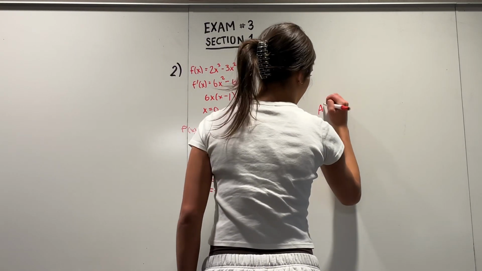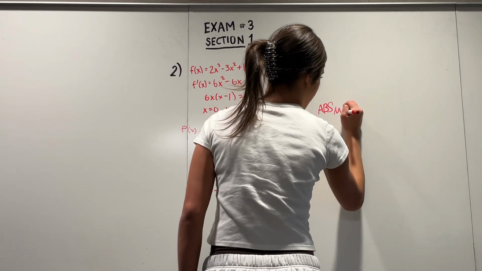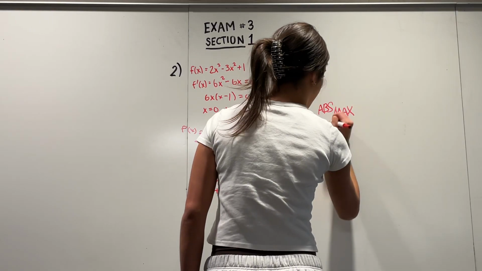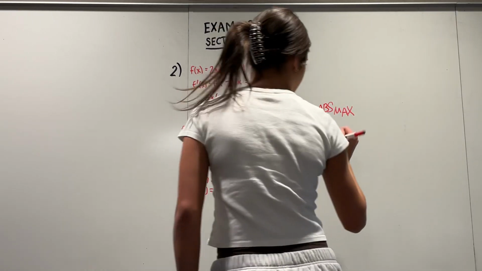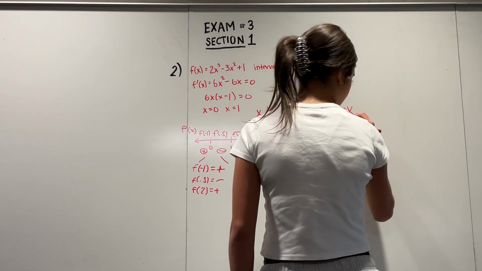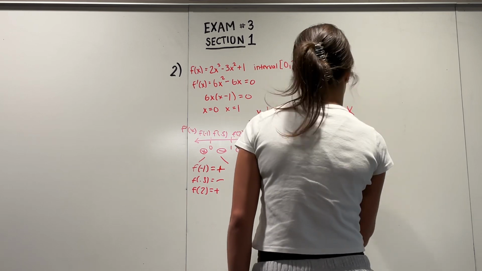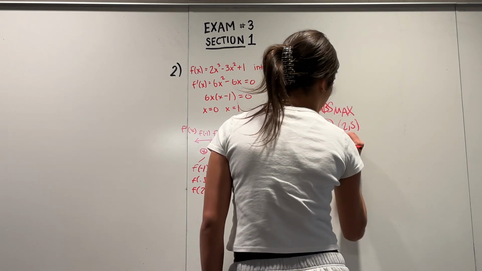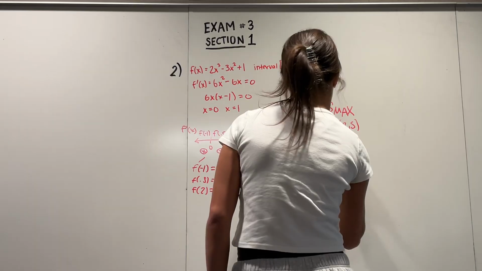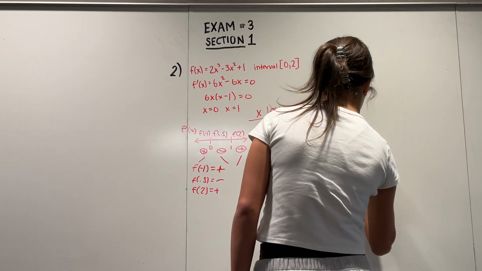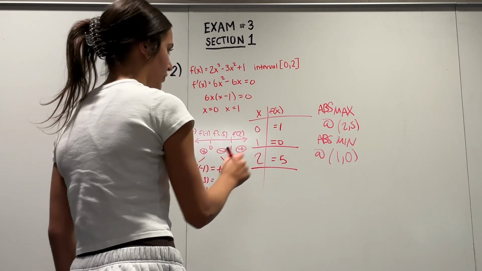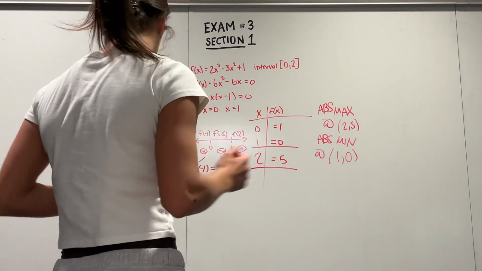So abs max is at 2, 5, and then abs min is going to be at 1, 0. And this is shown on the graph and then calculated as well.